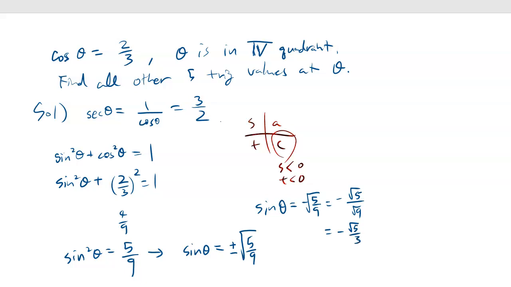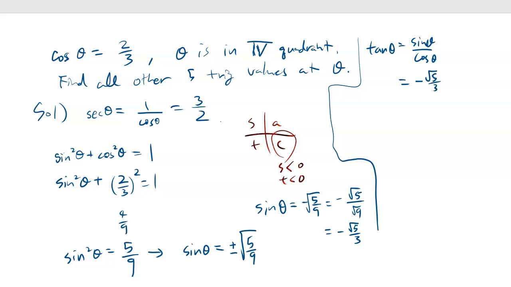Okay, once you have sine, then you're ready to find out the tangent. Tangent of theta would be sine theta over cosine theta. And since sine is negative radical 5 over 3, and cosine is 2/3, now I want to multiply 3 top and bottom to simplify the complex fraction, and then you get negative square root of 5 divided by 2.